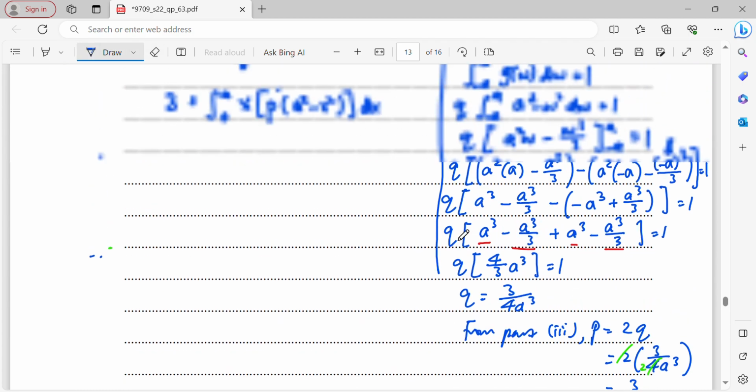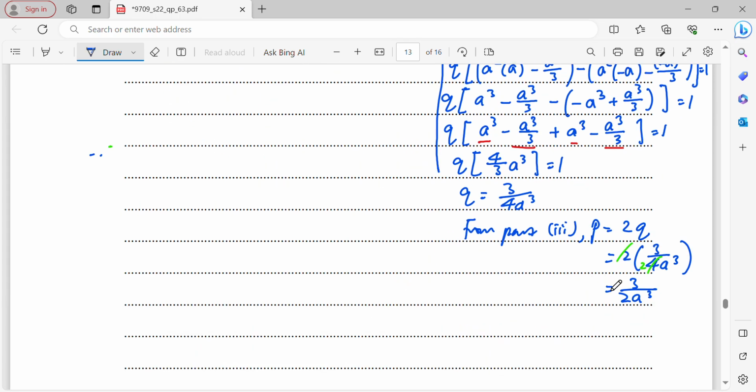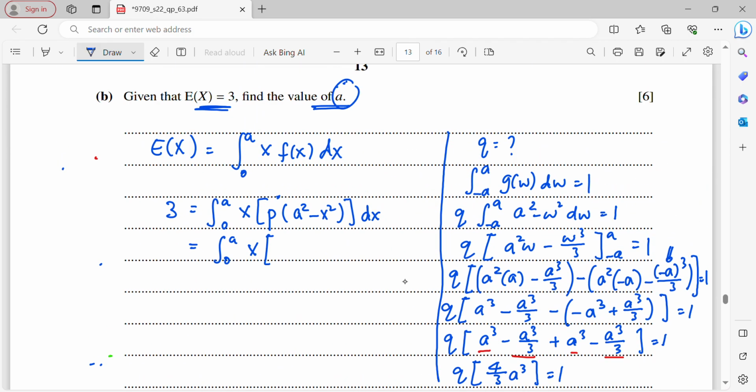Okay, so now I'm going to substitute this P in my integration. So now it will be integral from 0 to a of x times P, where your P is 3 over 2a cubed, times (a squared minus x squared) dx.